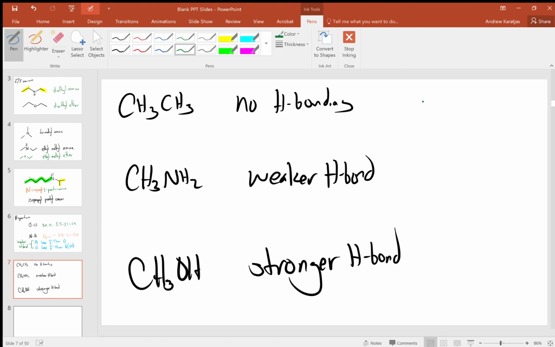So ethane has a boiling point of negative 88 degrees Celsius, whereas methanol has a boiling point of 65 degrees Celsius.